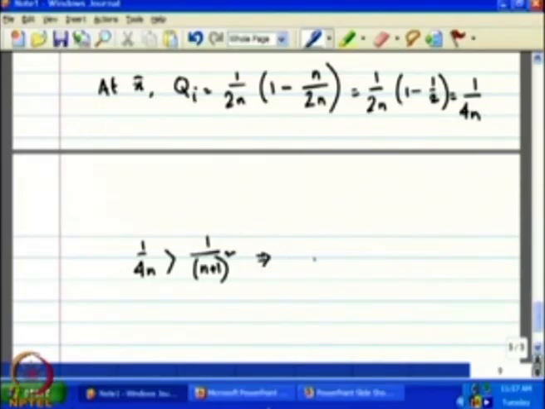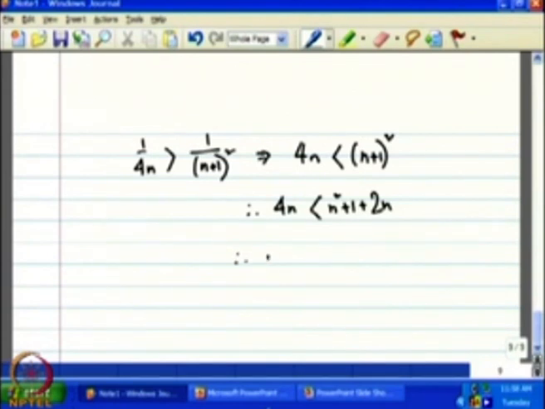Let us see. If this is true, then it must happen that 4n is less than (n plus 1) whole square. So, this is 0, and which again is true because n is greater than 1.